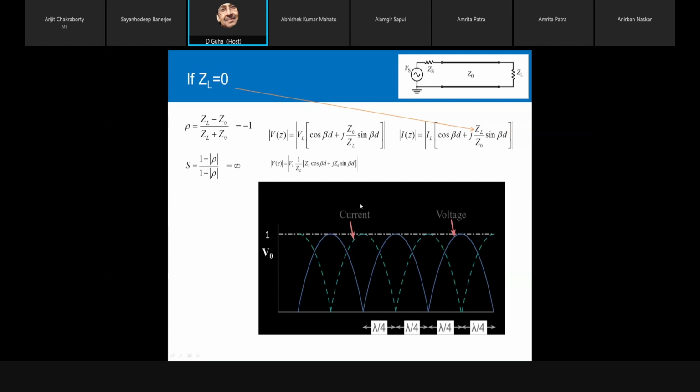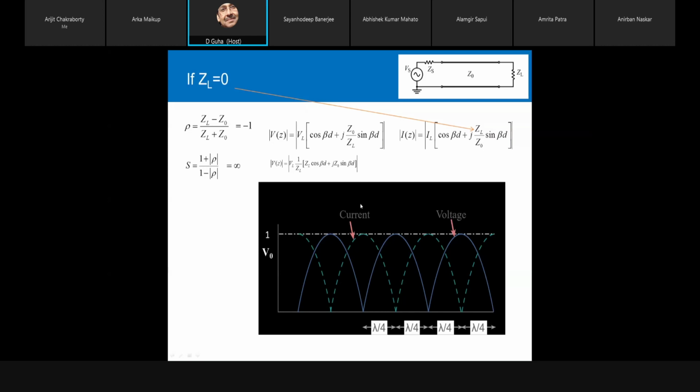Will current become maximum or minimum, logically, not mathematically? At a point which is shorted, you get very high current or no current? It's a high current. The situation will be reverse if it is open circuited, the current will be 0.